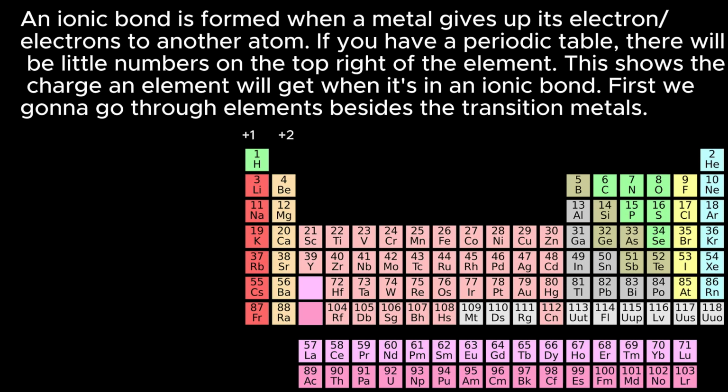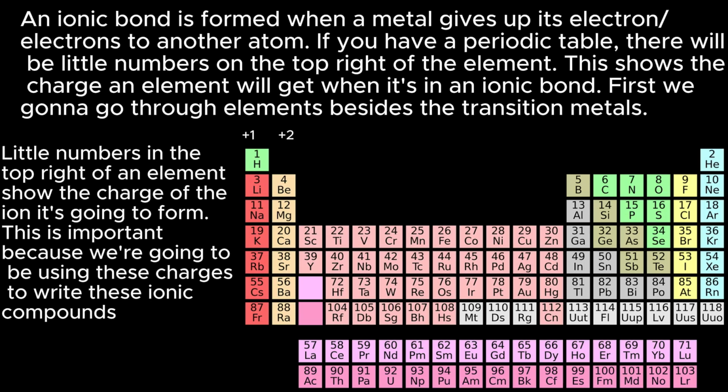Because the first group has one valence electron, and because they want to reach the noble gas configuration, it's easier for them to just lose that one electron and form a positive cation. So these metals want to form cations. And group 2, because now they have two valence electrons, will lose their two electrons. So they'll form a +2 cation.